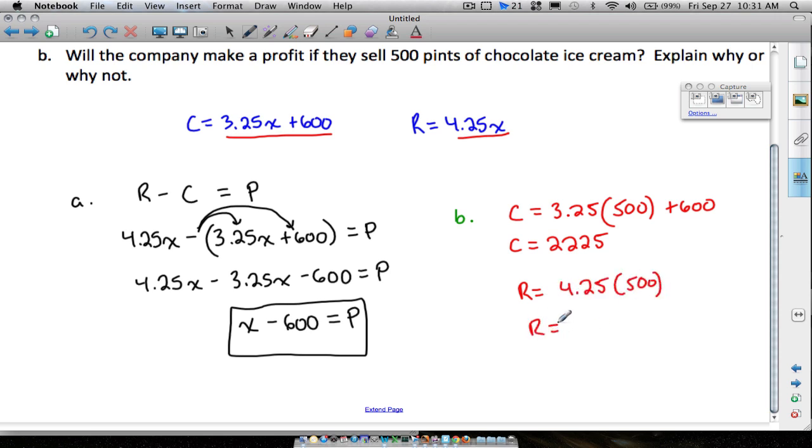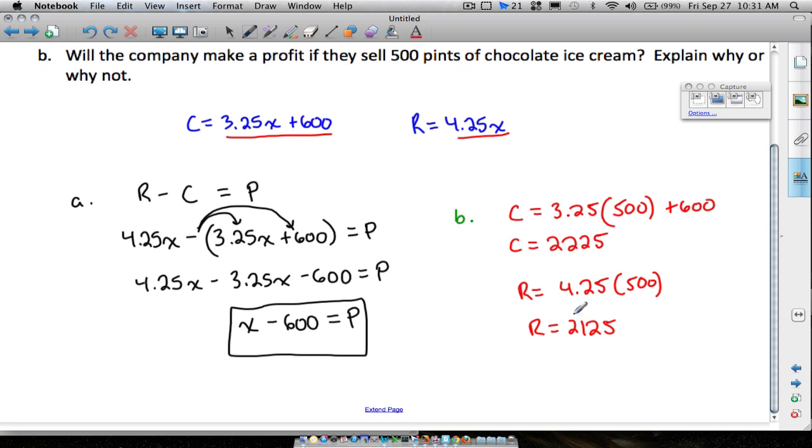Therefore, the revenue, if we work that out, we're going to get $2,125. It's costing the company more to make it than what they're selling it for, because it's such a small amount if you're looking at mass production. So they're not going to make a profit. And if we look at it over here too, they're actually going to lose $100 because it cost $100 more to make it than what they sold it for.